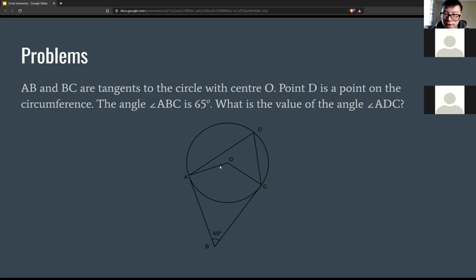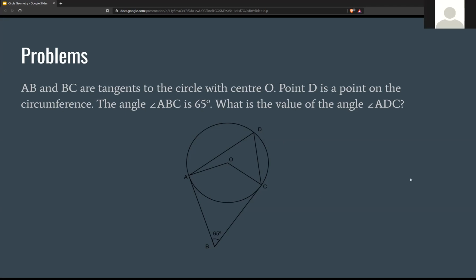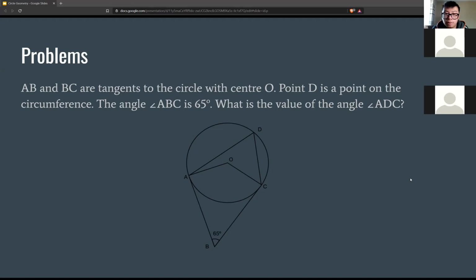So here, we want to find AOC. And we have a quadrilateral right here, ABCO. That's a quadrilateral, and the angles inside the quadrilateral add up to 360 degrees. So that should help you. Remember, we're just adding and subtracting angles. 57.5 can't be a decimal number?